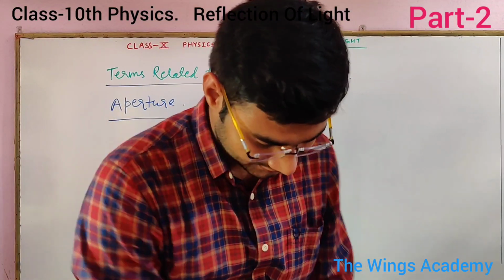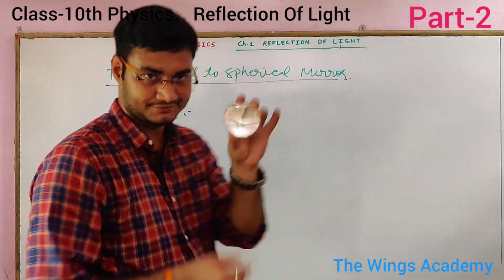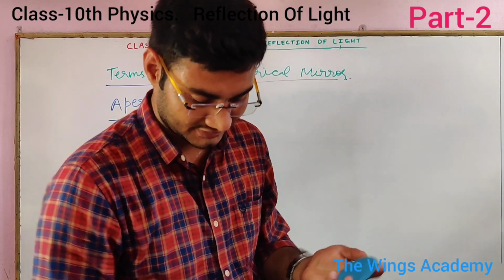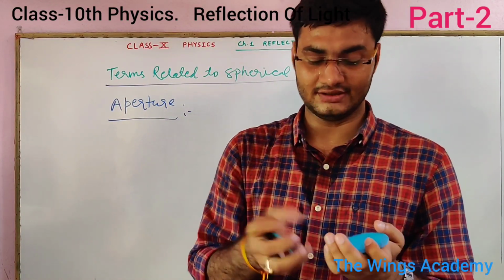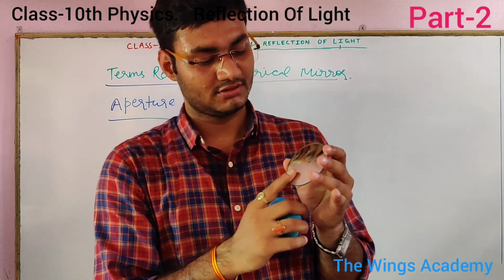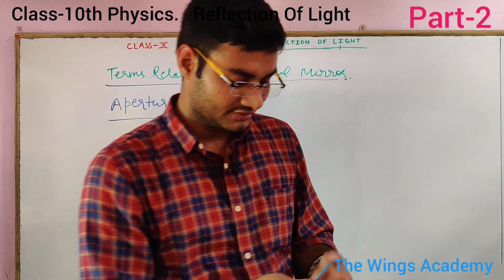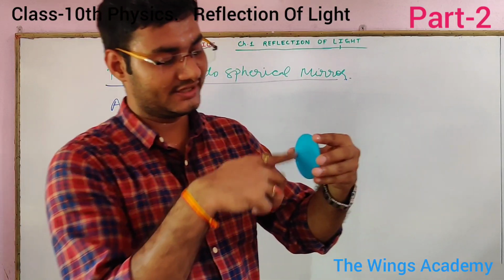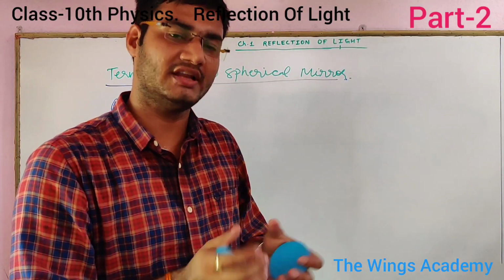Suppose this is our convex mirror and this is the concave mirror. This is the concave mirror and this is the convex mirror. So this is the circular area of this mirror which controls the light falling on it.